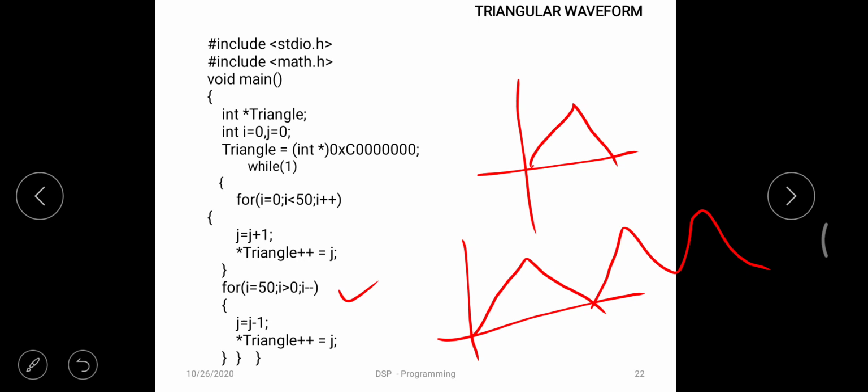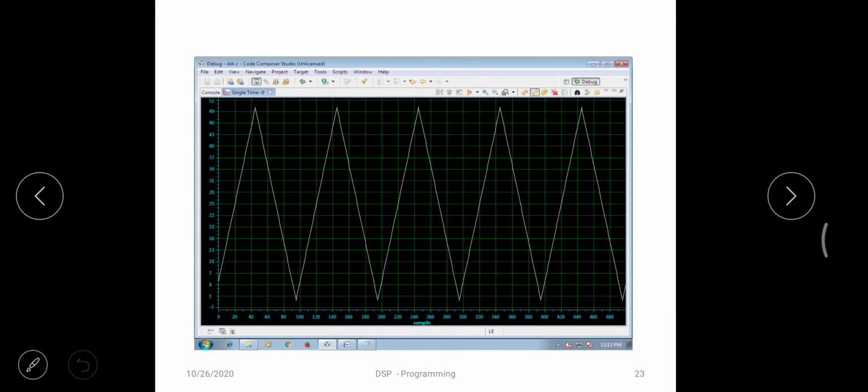This is the corresponding output which we recorded on the DSP processor TMS320C6745. The rising part is 0 to 50 and the falling part is 50 to 100. The same cycles will be repeated, and I may stop the waveform generation based on the stop time given during the program.